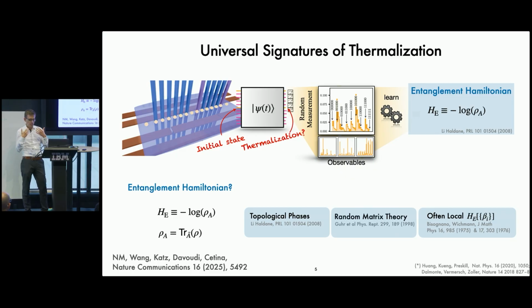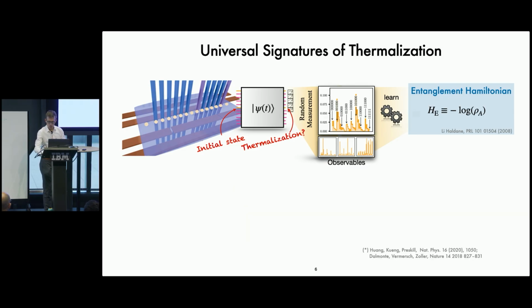Moreover, it turns out that the entanglement Hamiltonian of a quantum state, if I have some information of what physical Hamiltonian evolved that state, is often local. That just turns out to be the case, and so I can parameterize my unknown state and really try to learn it from an experiment by making these random measurements. And that's basically what we did.